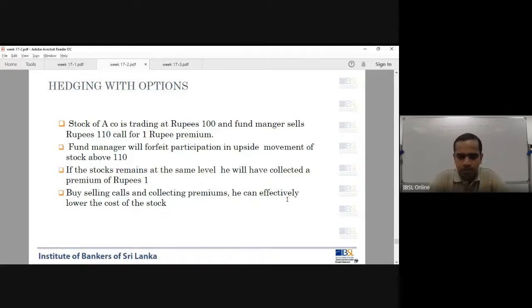What are your thoughts in this case? The share is trading at 100, and the fund manager is selling call options, I repeat, at a strike price of 110. And he receives a premium of 1. So what happens?